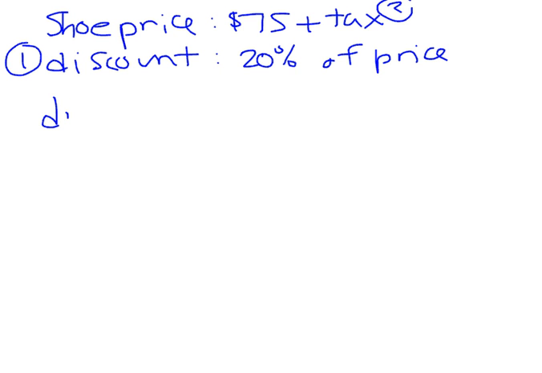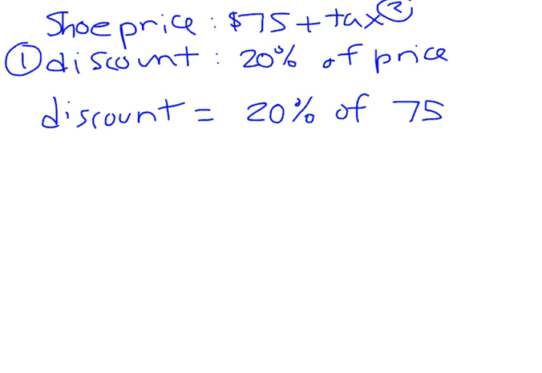So to find the discount, we know that it's 20% of the price, and the price is $75. So how do we count 20% of 75?